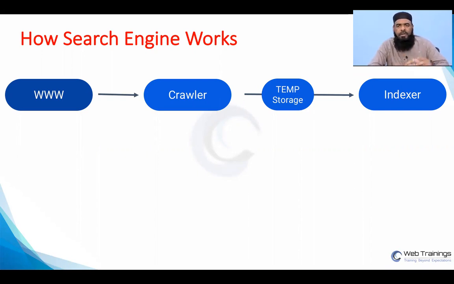But by default, remember, there are two ways by which Google will scan or crawl your website. One is we submit our website, and number two is by scanning on the internet. Because the internet is public. When you launch your website, a public website, what is the technical meaning of it?